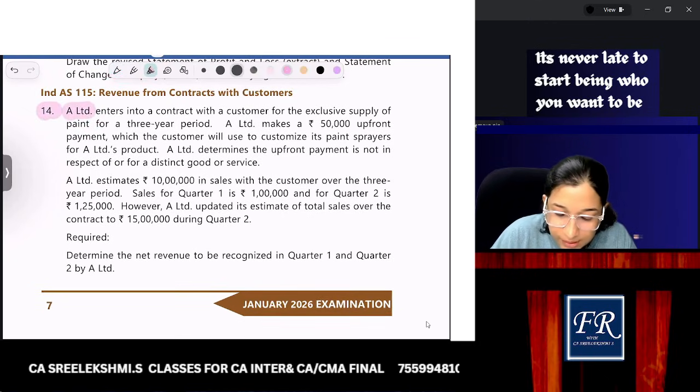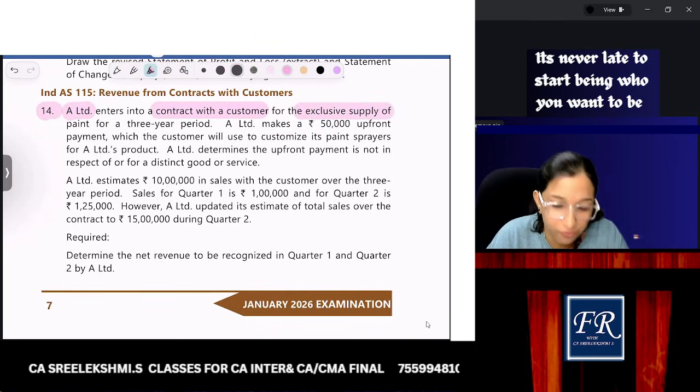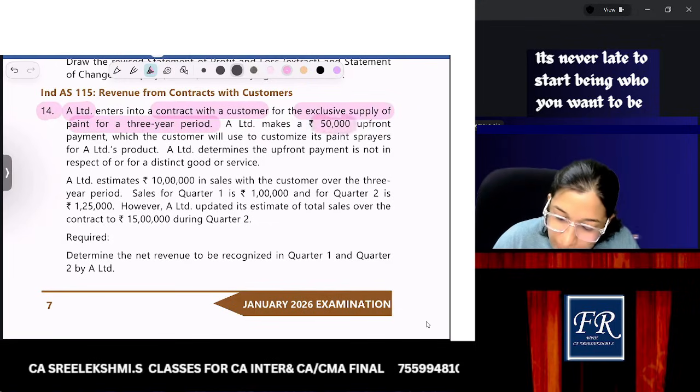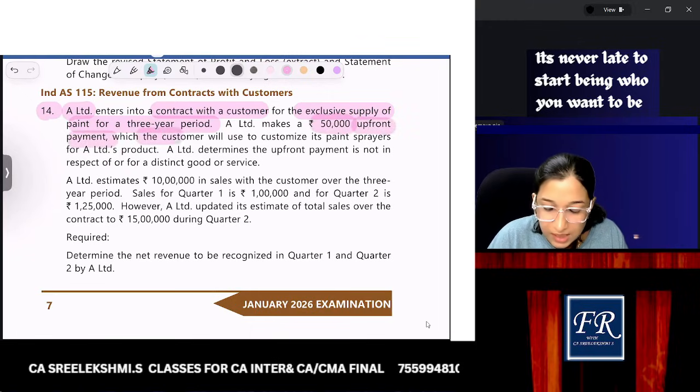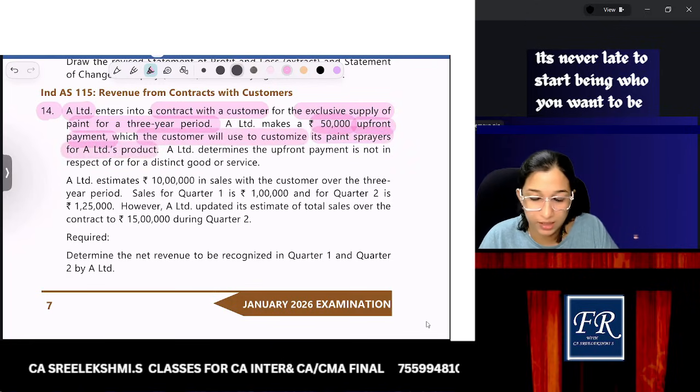A Limited enters into a contract with a customer for the exclusive supply of paint for a 3-year period. A Limited makes a 5,000 upfront payment which the customer will use to customize its paint sprayers for A Limited's product.